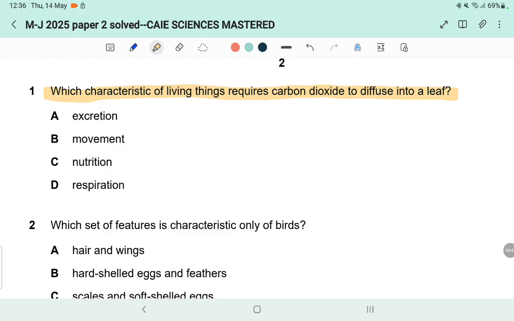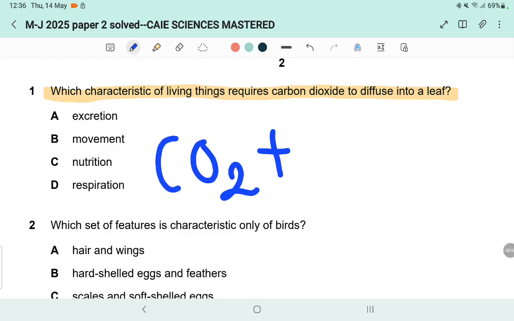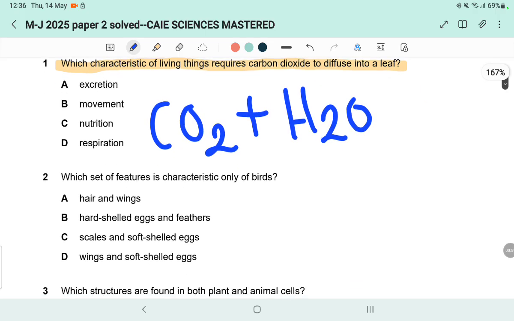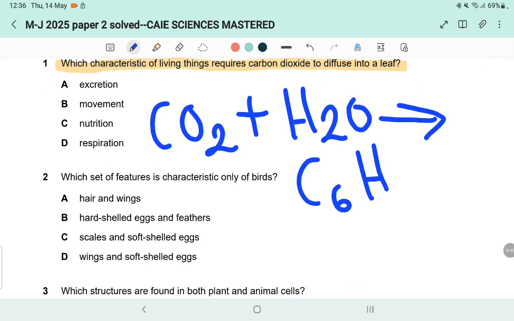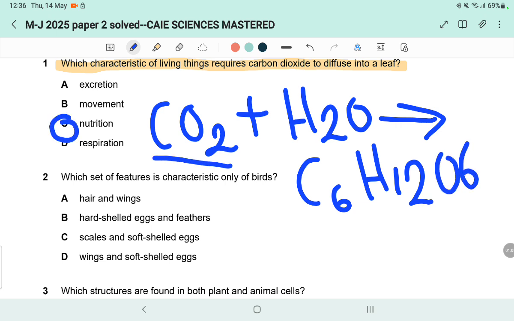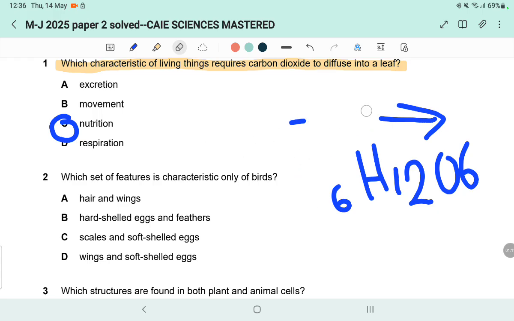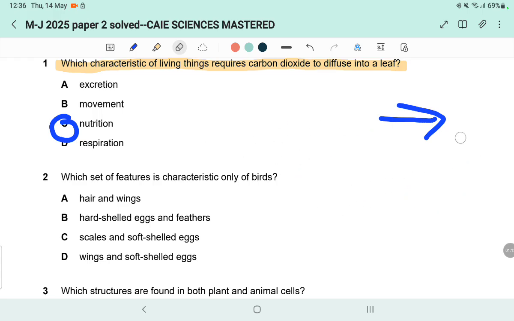And as you know from the common equation that we all know in our IGCSE topic of plants and photosynthesis, carbon dioxide plus water gives you glucose, which is C6H12O6. So basically the answer is C, which is nutrition. I hope you understood the first question, and the answer will be C.